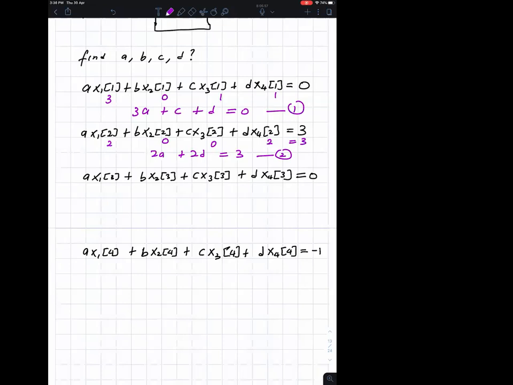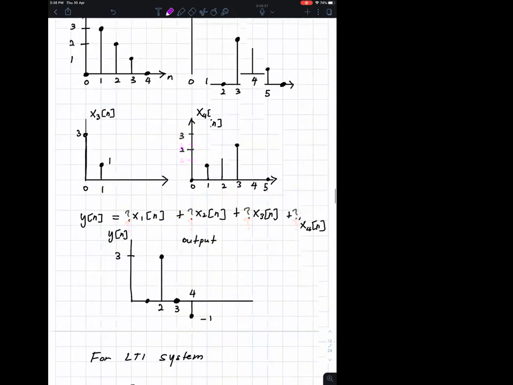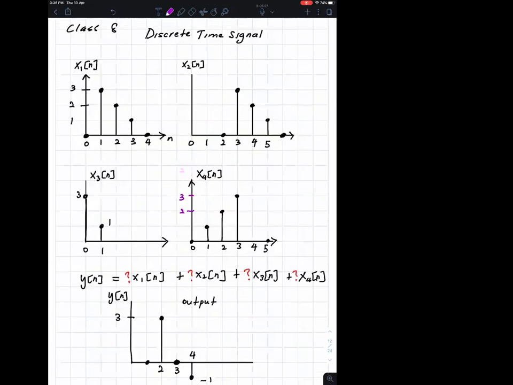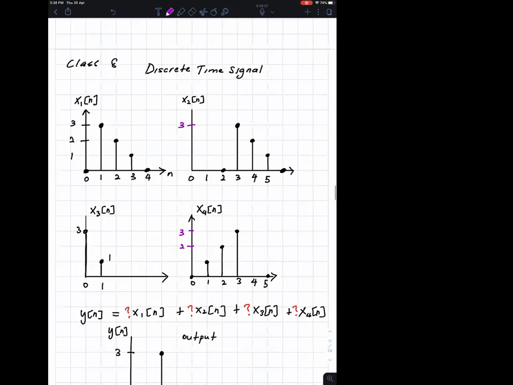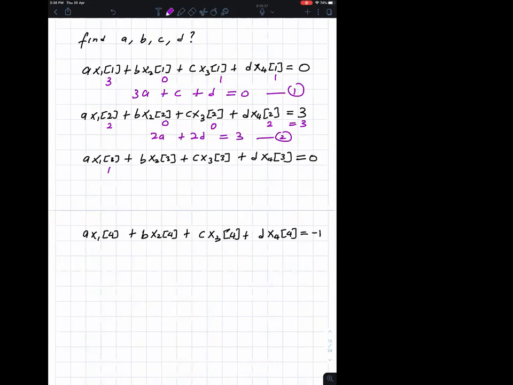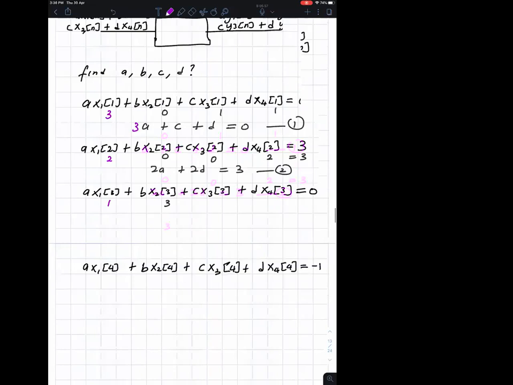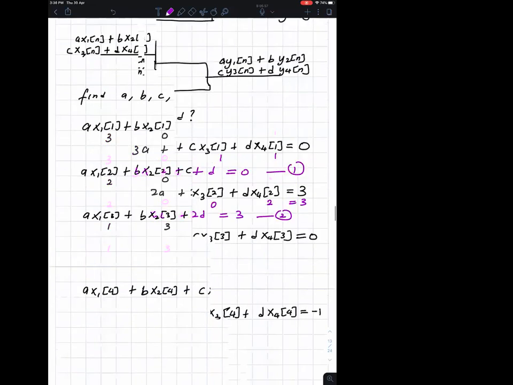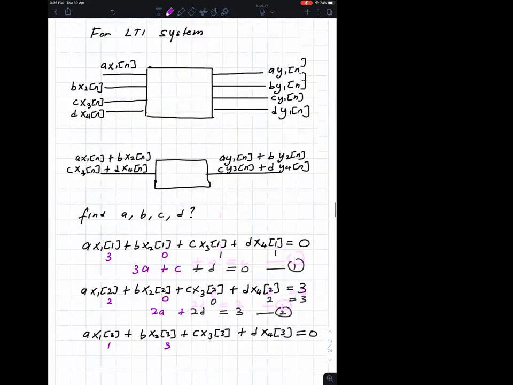Is this okay? So next, look at x1, 3. x1, 3 is 1. x2, 3 is 3. x3, 3 is 0. x4, 3 is 3.